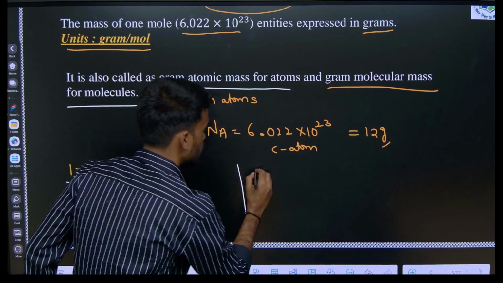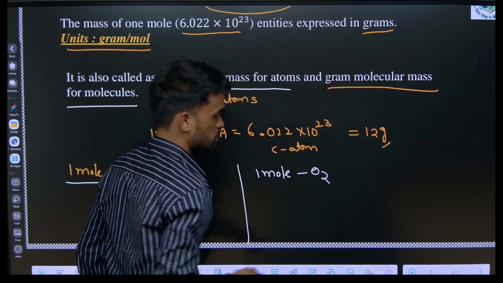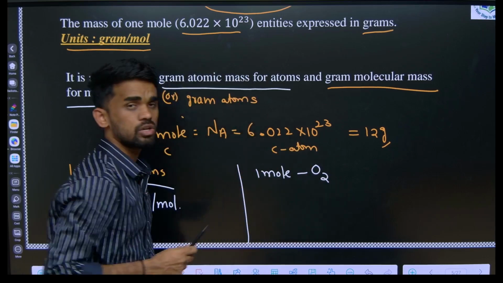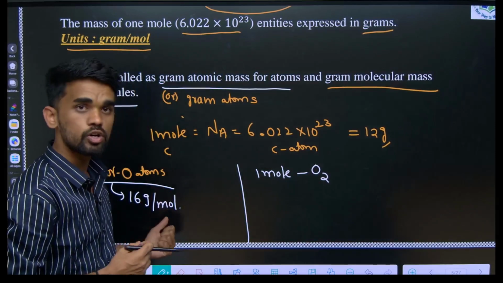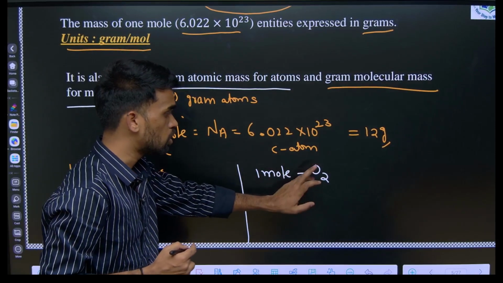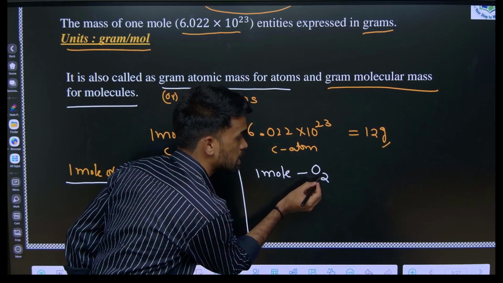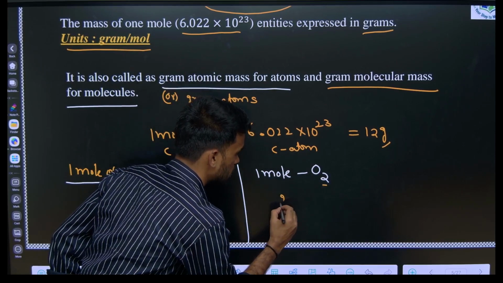Now I am taking 1 mole of O2, which means an oxygen molecule. This is not an atom, it is a molecule. In nature oxygen exists in molecular form, not in atomic form, right? So we need to know how to express this molecular form. How many oxygen atoms are there in one molecule? It contains 2, right?